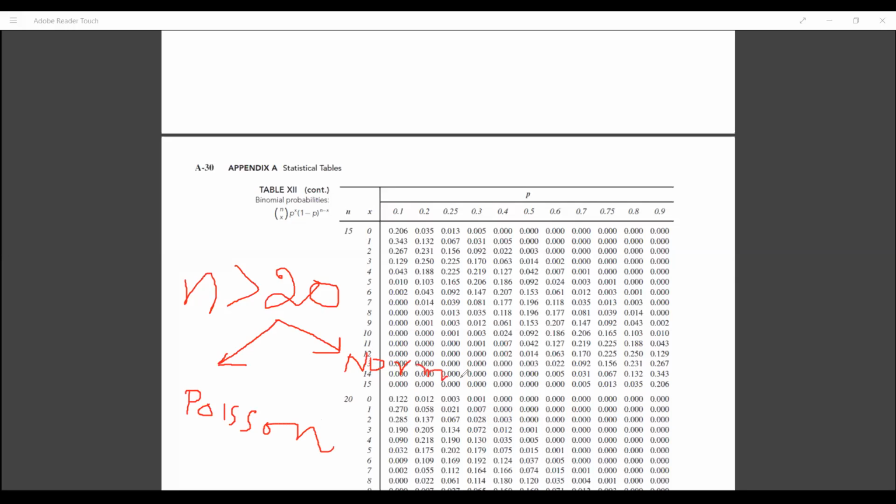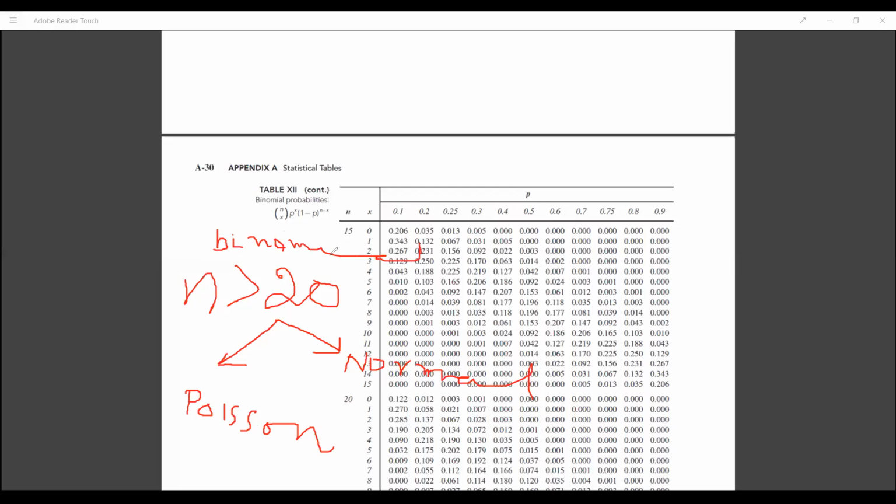We call it a normal approximation to the binomial distribution or a Poisson approximation to the binomial distribution. The binomial distribution can be switched to the Poisson model or to the normal model depending on the scenario. What is the scenario?